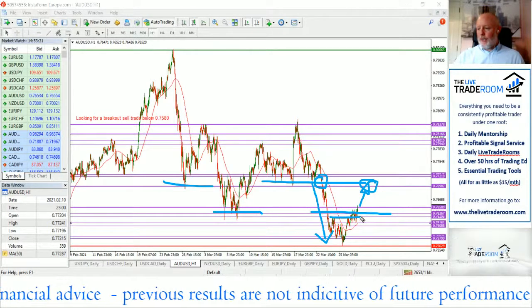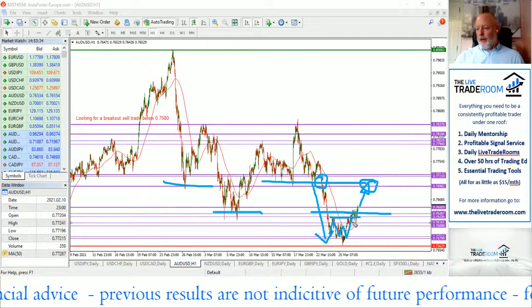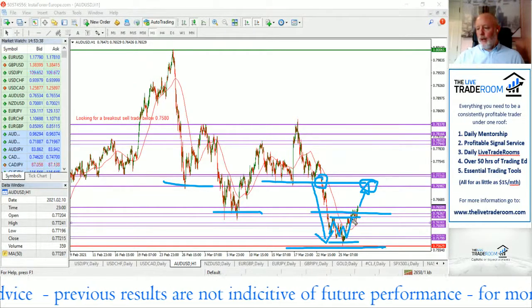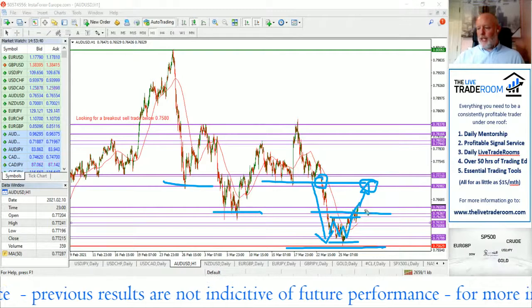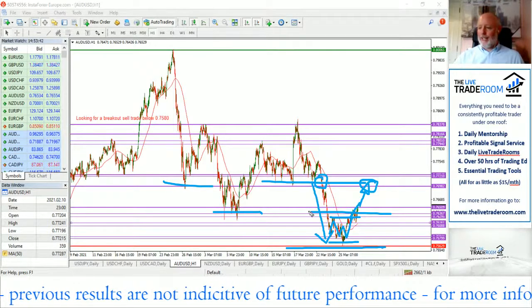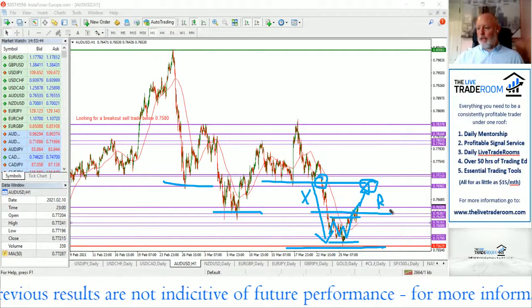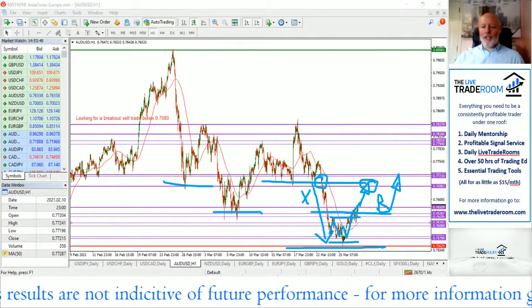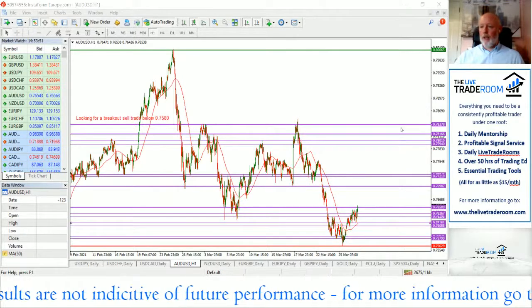But once this market fails to make that new low and break through strong support, then the probability starts to shift to the upside, and all of these sellers start to get out, and all of the buyers start to pile in and push prices higher. And this is market psychology in action.